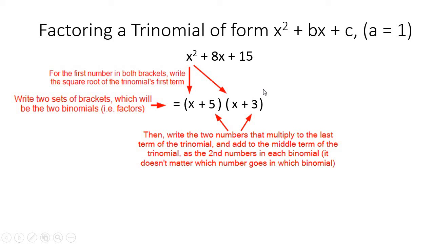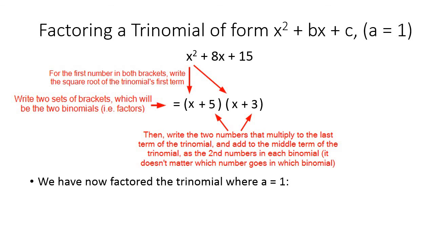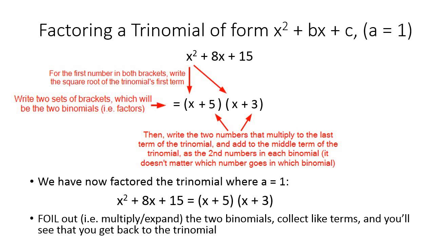So plus 5 plus 3 there. And we are actually completely done factoring this kind of question. FOIL out, multiply, expand, the two binomials on the right-hand side, collect like terms, and you'll see that you get back to the trinomial.